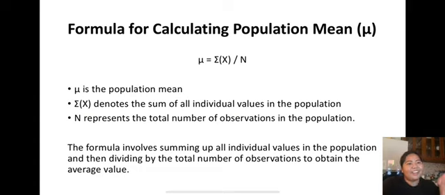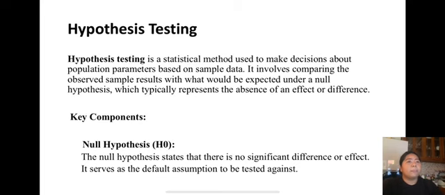ΣX denotes the sum of all individual values in the population. N represents the total number of observations in the population. In short, the formula involves summing up all individual values in the population and then dividing by the total number of observations to obtain the average value.